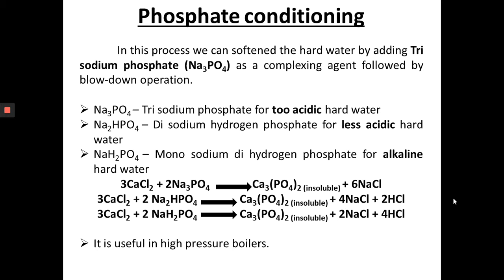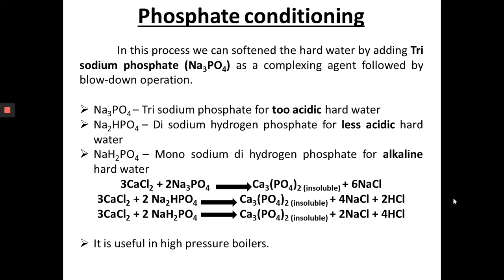One is trisodium phosphate, which is useful for acidic hard water. The second one is disodium hydrogen phosphate, which is useful for less acidic hard water. The third one is sodium dihydrogen phosphate, which is monosodium dihydrogen phosphate, for alkaline hard water.